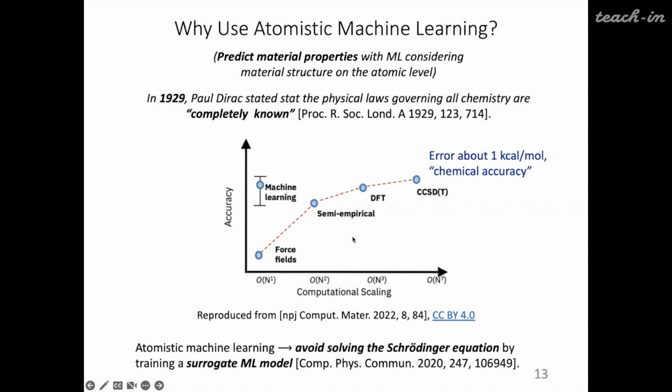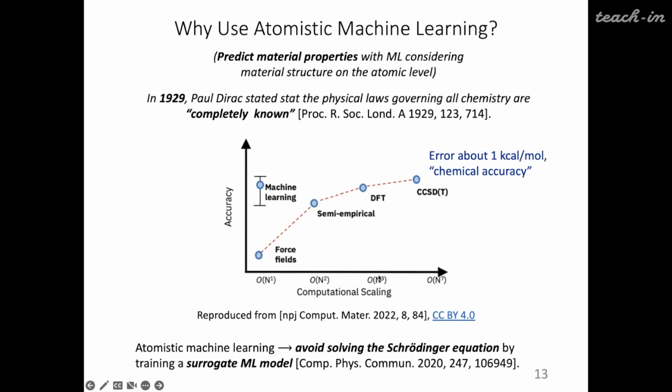If we take more and more accurate methods that predict energetic parameters with higher and higher accuracy, the computational scaling gets worse and worse.